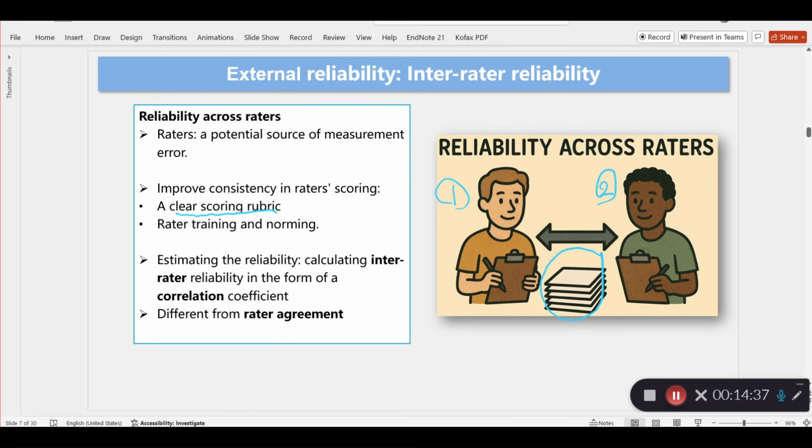Number two is we need to do some serious rater training and norming, which is also known as standardization, so we could make sure that everybody is on the same page and all of the raters understand the rubrics in more or less the same way, although there will be no guarantee that even after rigorous training and norming, the raters will understand the rubrics in exactly the same way.